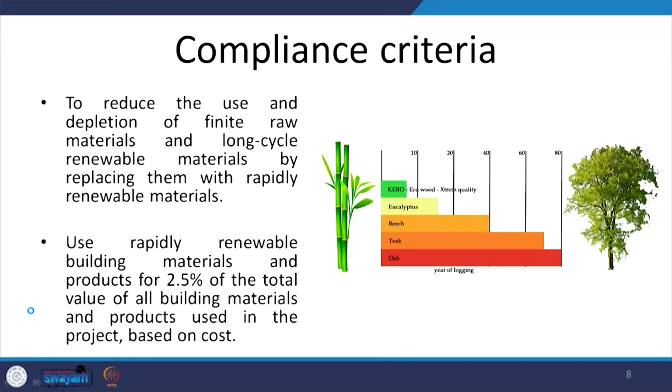If we talk about the rating programs, different rating programs have different compliance criteria, but the intent of this particular criteria is to reduce the use and depletion of finite raw materials and long cycle renewable materials by replacing them with rapidly renewable materials. For this, we have already seen the environmental and economic benefits that come along.